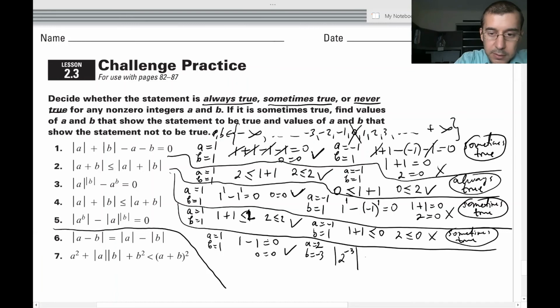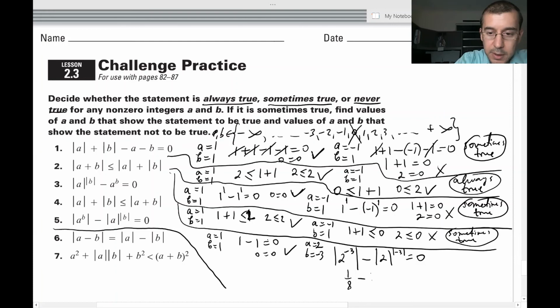Absolute value of that, then minus absolute value of 2, and then absolute value of minus 3, equals 0. So 2 to the minus 3 is 1 over 2 to the 3, or that's 1 over 8. Absolute value of 1 over 8 is 1 over 8, minus absolute value of minus 3 is 3, absolute value of 2 is 2, 2 to the third is 8.